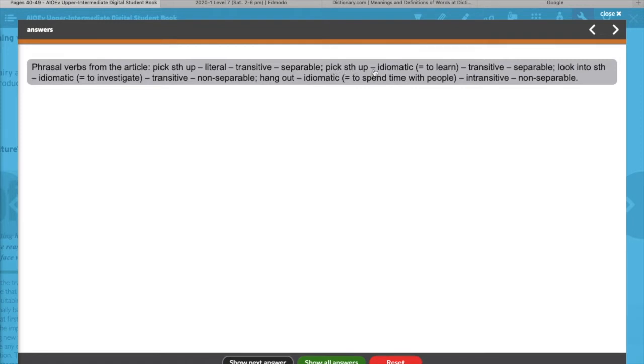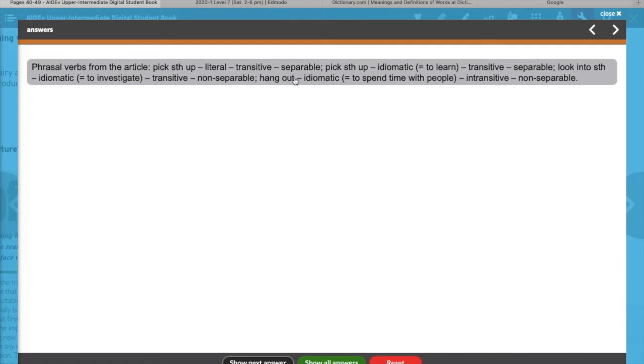Pick something up, idiomatic, that is to learn. Transitive, separable. Look into something, it's idiomatic, that means to investigate, so the meaning is not literal. Look into something. It's transitive, it's non-separable.